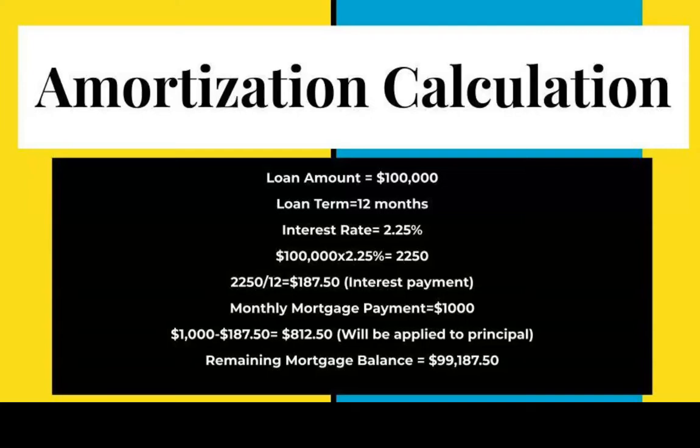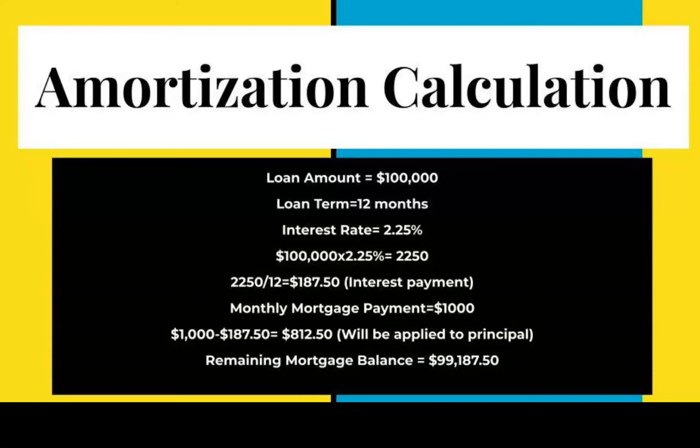So in order to figure out what your amortization schedule would be on 12 months, you would take the $100,000, which is the loan amount, and multiply that by 2.25%, which is going to give you $2,250. That's going to be your interest payment for the year.